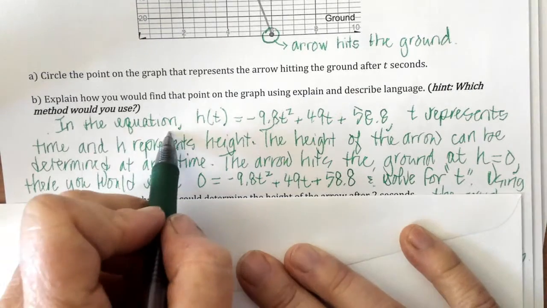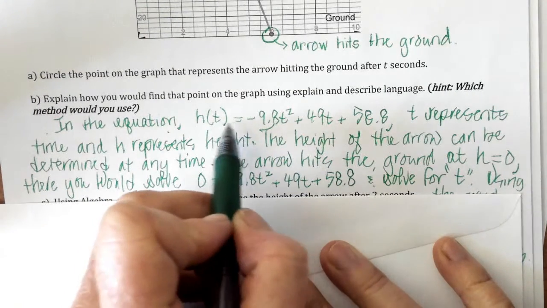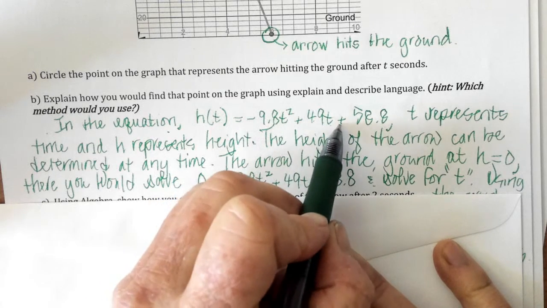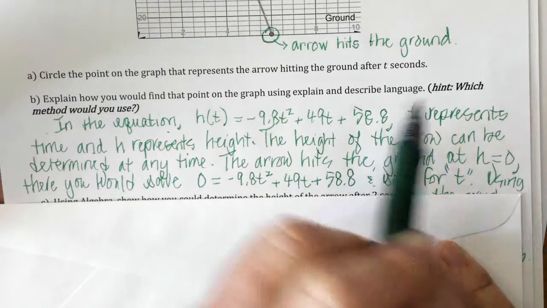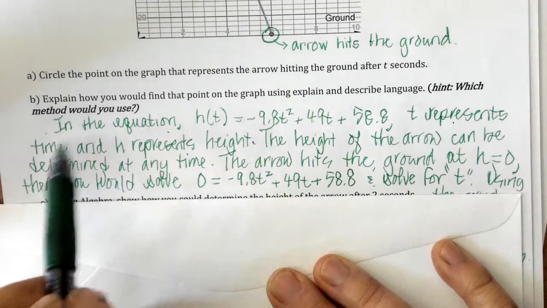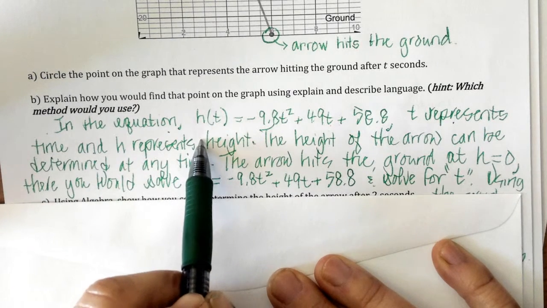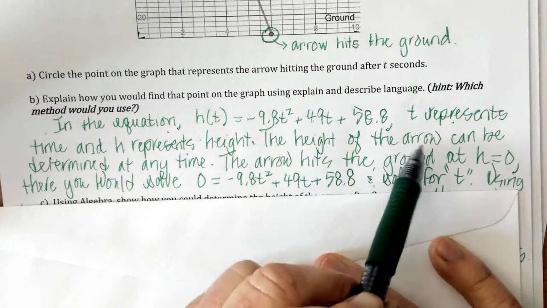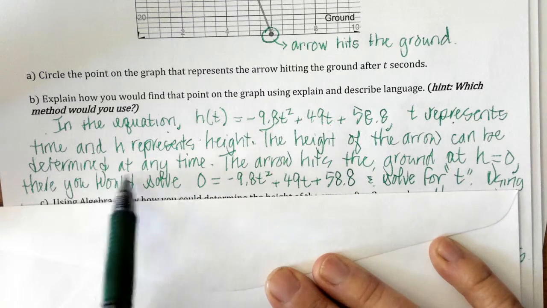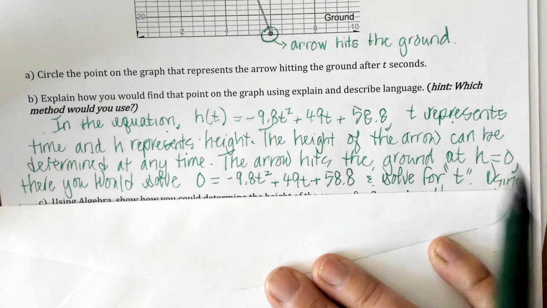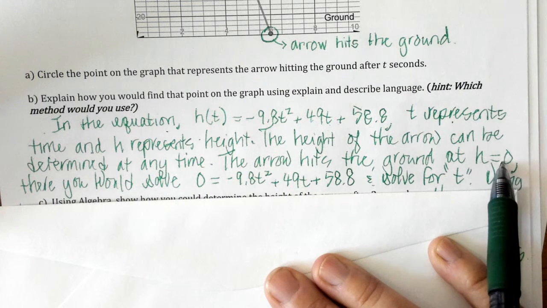In the equation, h of t is equal to negative 9.8 t squared plus 49t plus 58.8, t represents time and h represents the height. The height of the arrow can be determined at any time. The arrow hits the ground at h is equal to 0.